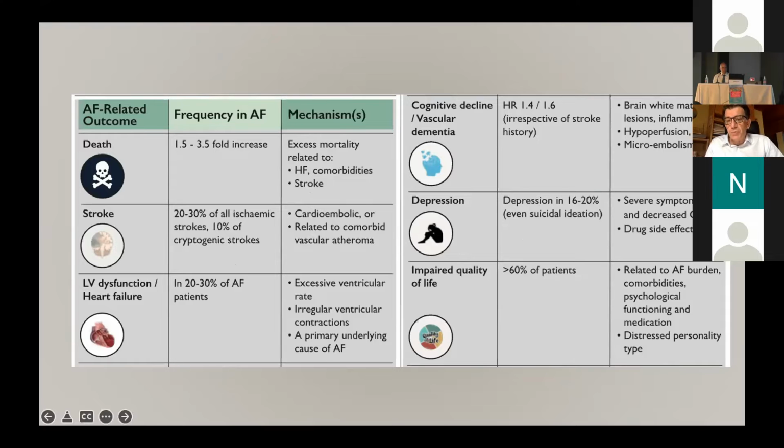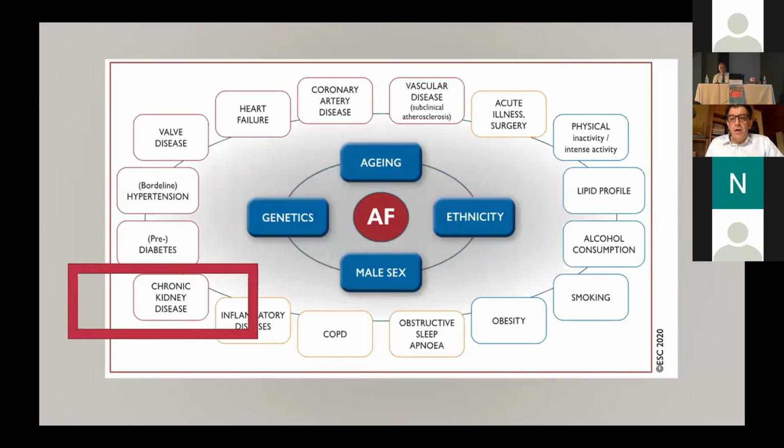Most patients with atrial fibrillation have a lot of troubles, and their life is not as normal as we think it will be.